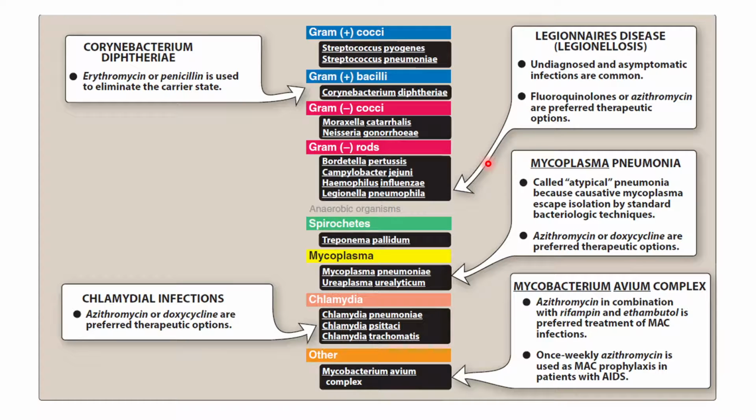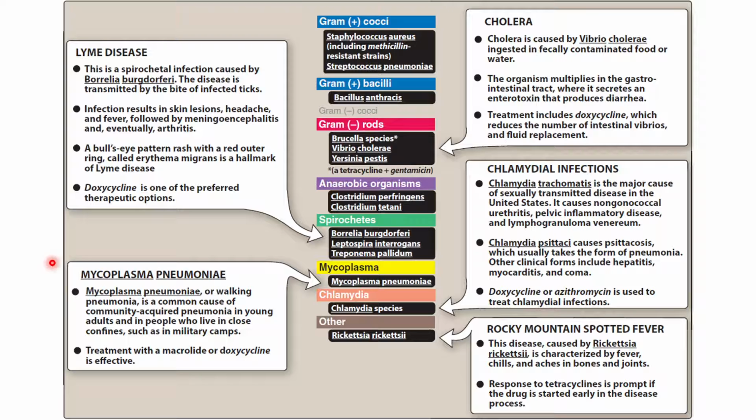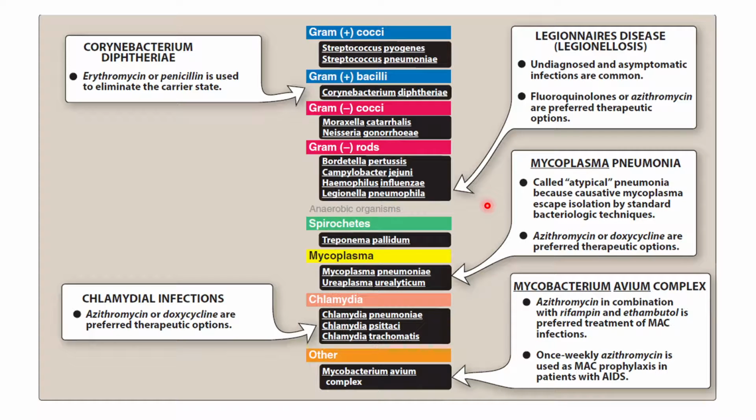Then Treponema pallidum causes syphilis. Then Mycoplasma pneumoniae is an atypical pneumonia, which can also be treated with this one, or with a tetracycline. It requires a special identification technique because it cannot be identified like the gram-positive bacteria.